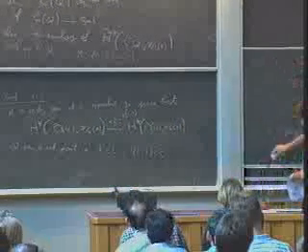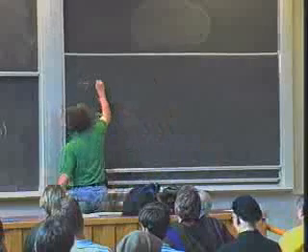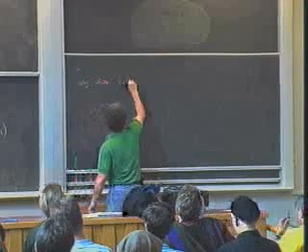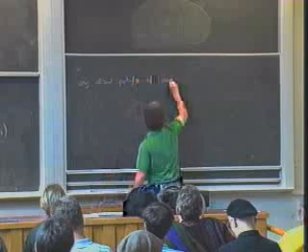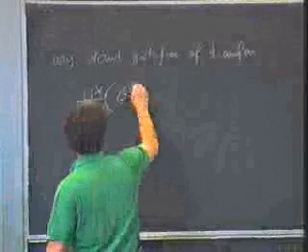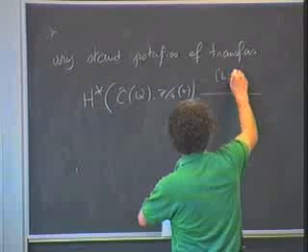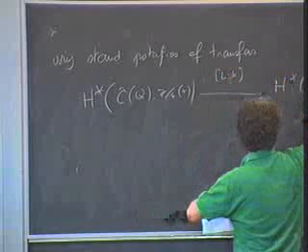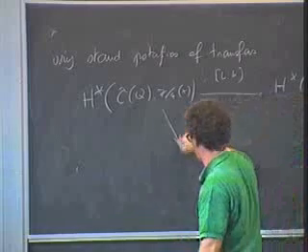Using standard properties of transfers in motivic homology, you can prove that multiplication by the degree of the extension is the composition of the following morphisms.